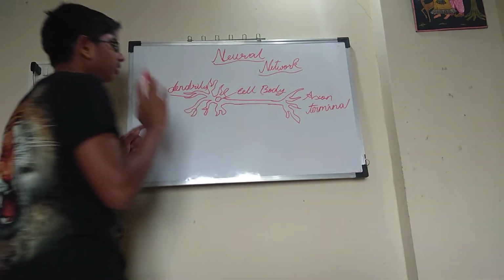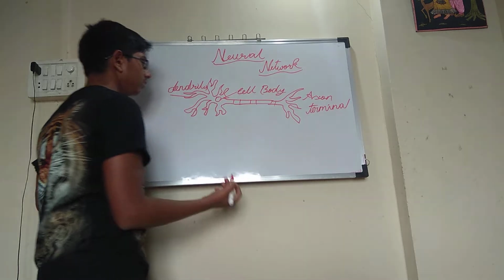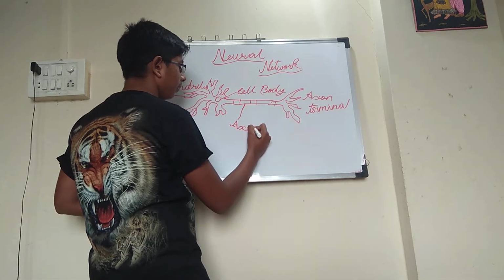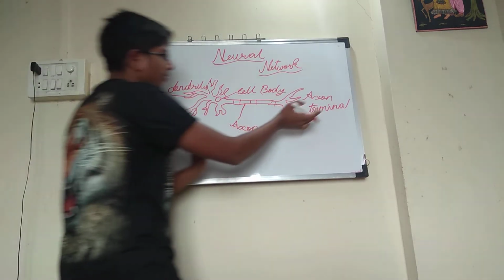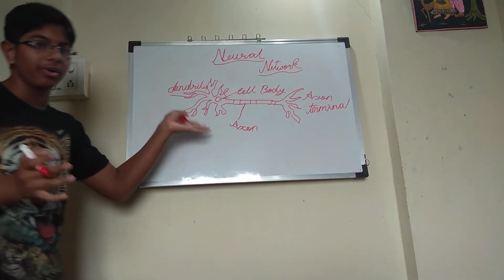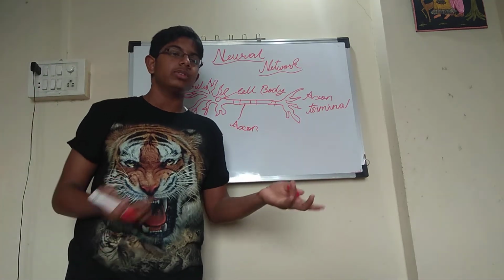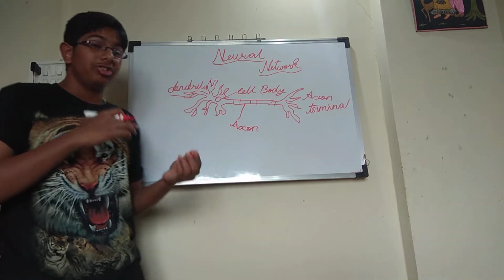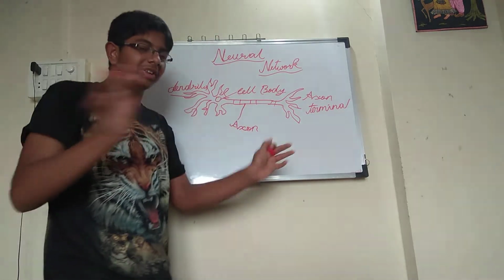So what do we have here? We have a really important and also really beautiful gift from nature, a neuron, which helps us do everything in our day-to-day life: sitting, standing, sleeping, eating, everything.